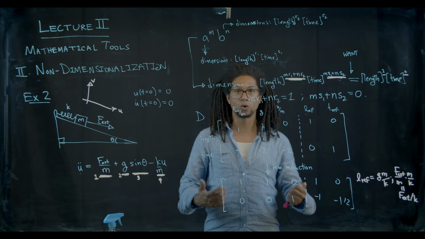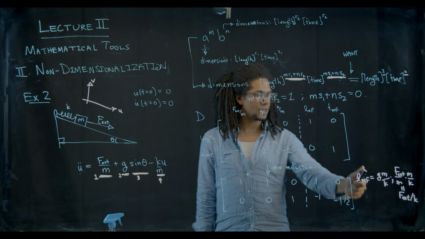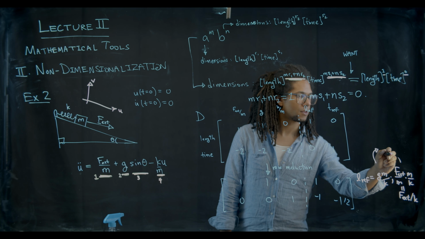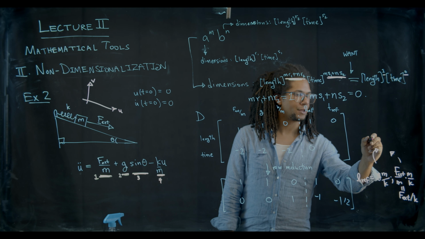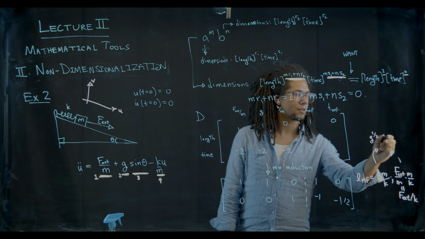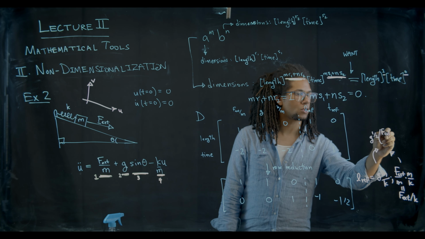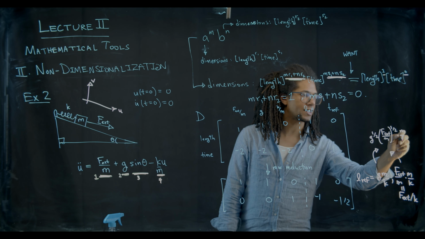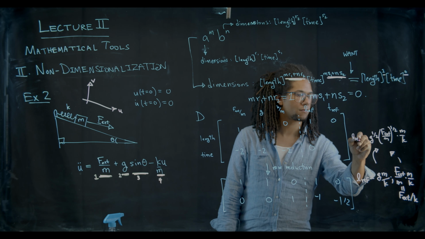Either of those would work, as would any combination here. So I could also just pick g to the 1/2 times f external over m to the 1/2 times m over k. That's also a possibility.